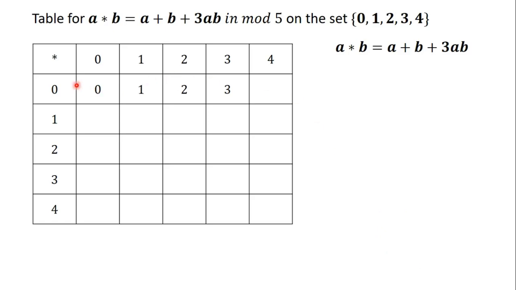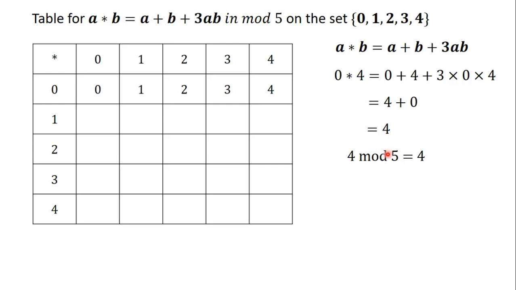The next one is 0 star 4. 0 star 4 will be equal to 0 plus 4 plus 3 times 0 times 4. 0 plus 4 is 4. 3 times 0 times 4 will give us 0. 4 plus 0 is 4. And 4 in mode 5 is 4. Let's move on to the next row.